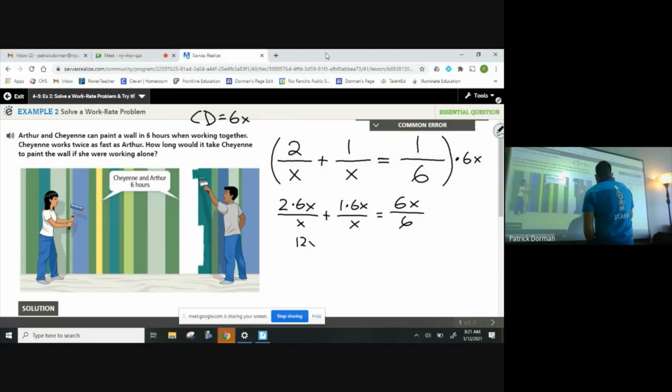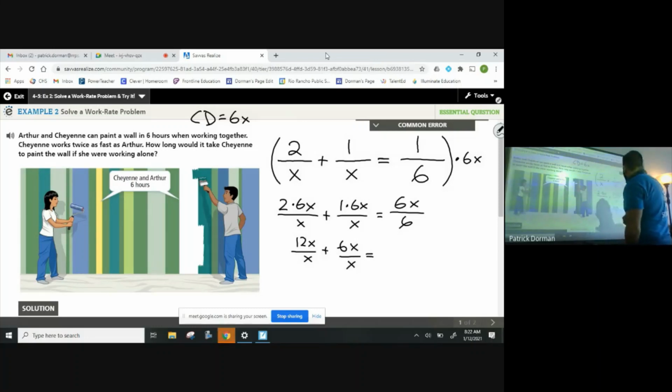So we wind up with 12x over x when we multiply, just taking it step by step here. And in this case, the 6's are going to cancel, right? So those are going to, 6 over 6 is 1. So there's that. Those are going to cancel as well. We'll wind up with 12 plus, those will cancel, 6 equals x.